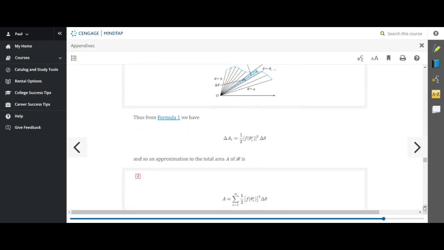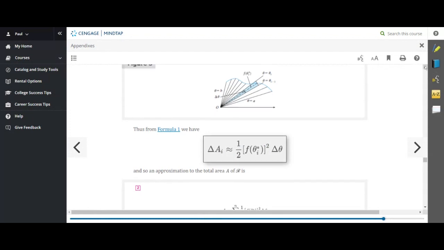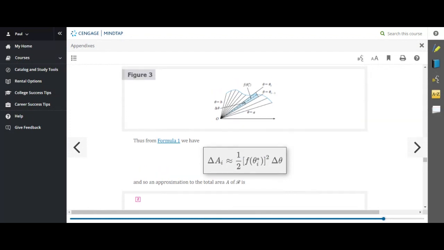So you see a little piece of area here. A little piece of area is the area of that ith circle sector: 1/2 f of theta sub i star squared times delta theta. Delta theta is the angle that forms that ith circle sector.